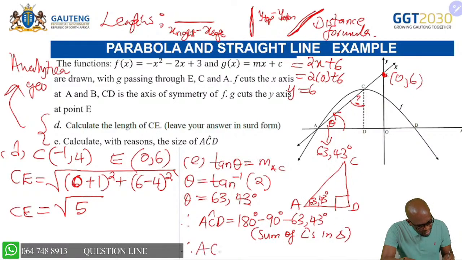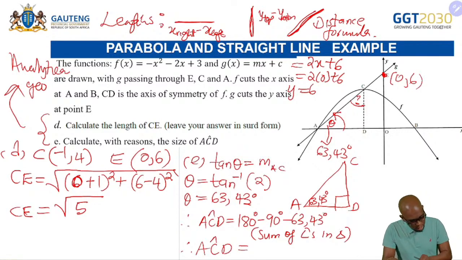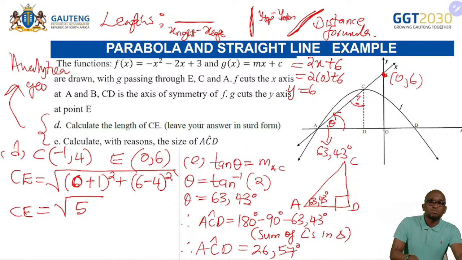Therefore, angle ACD simplifies to 26.57. So that would be the value of angle ACD.